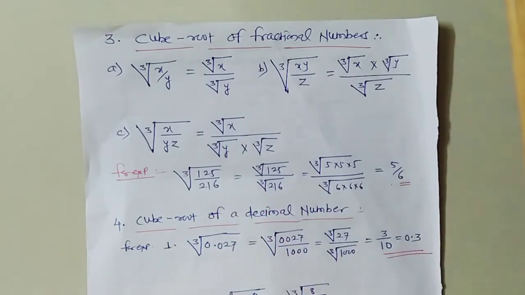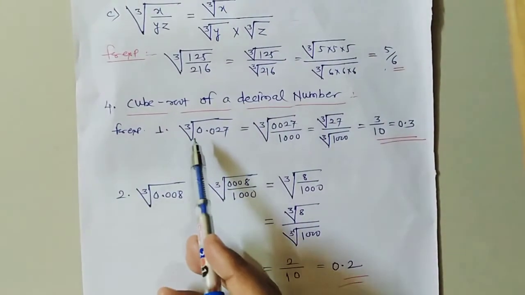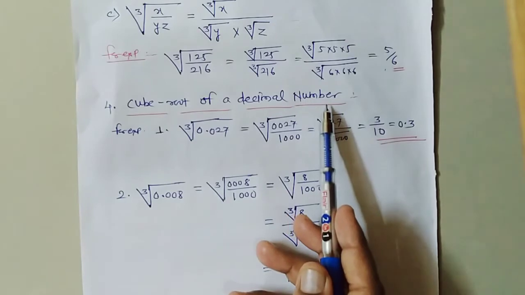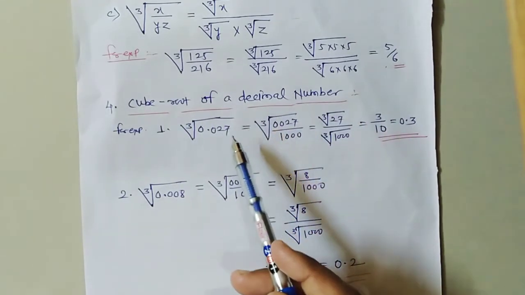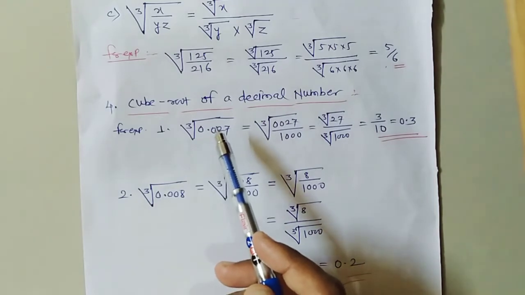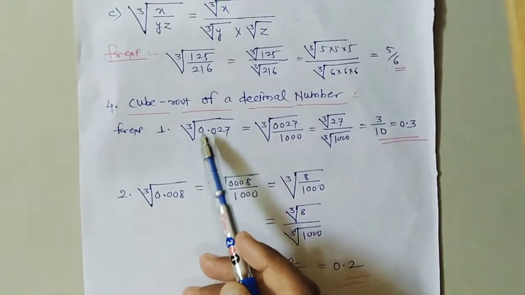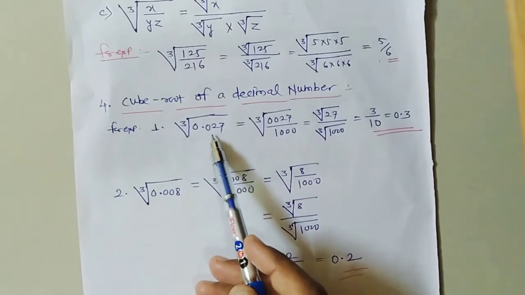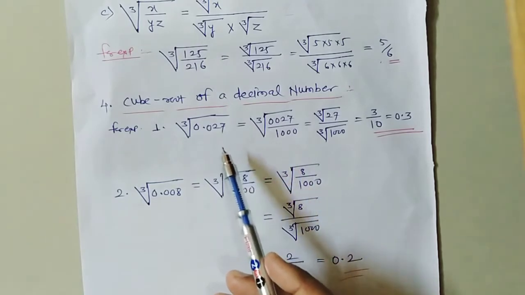Now the next, fourth one, cube root of a decimal number. We'll see this concept with an example. See first, cube root of 0.027.